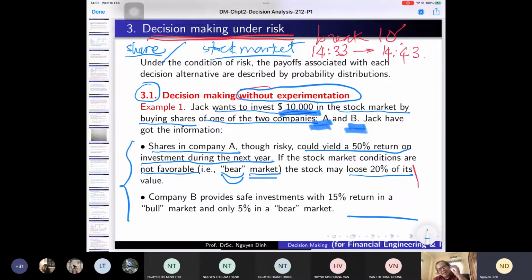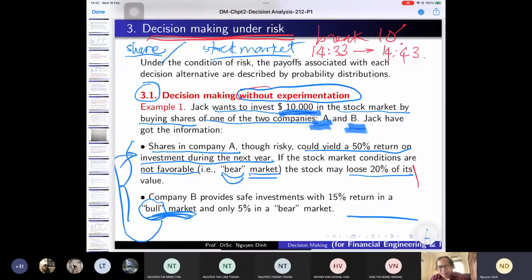If he invests $10,000 there and the situation is good, he will get 5,000 more, so at the end of the first year he has $15,000. We call that the bull market, when the market is good.